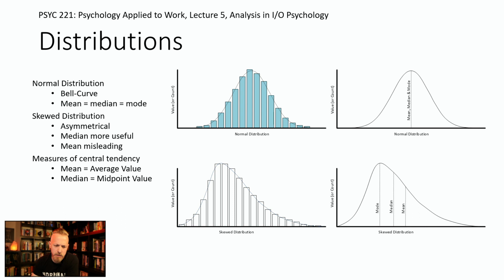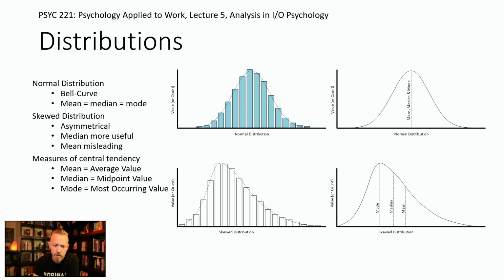The median is actually the midpoint value. If you had 1,000 Norwegian women that you found at the sporting event, what's the point at which 500 of them are taller than your point, and 500 of them are shorter, or well, that'd be 1,001, but you understand what I mean. So the median is where the center point of that information is, and then the mode is the most occurring value.